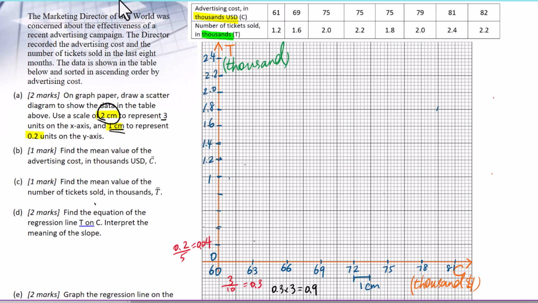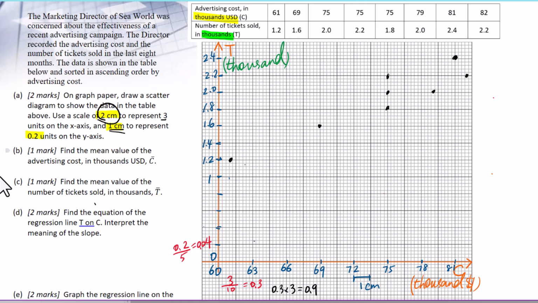For 1.2, the point will be here. 82, from 81, move 3 boxes. This is the scatter diagram for the given data.